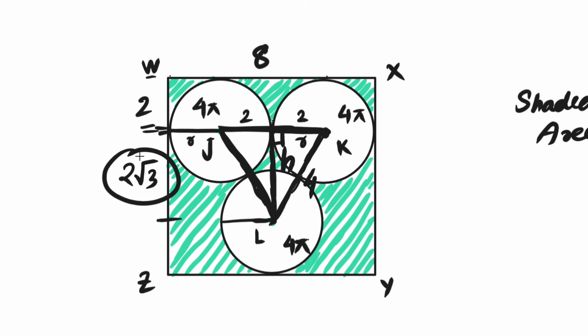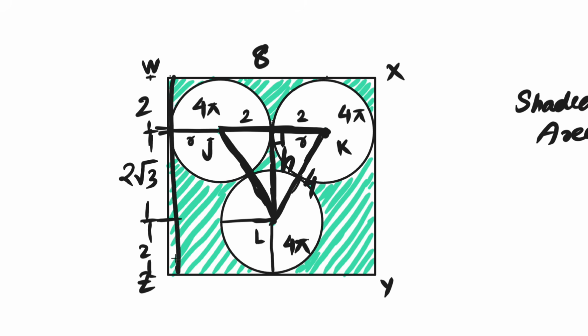We just calculated that distance as 2 square root of 3 units. Finally, move from the lower circle center down to the bottom of the rectangle. Because the lower circle is tangent to the bottom side, that distance is again 1 radius, or 2 units.